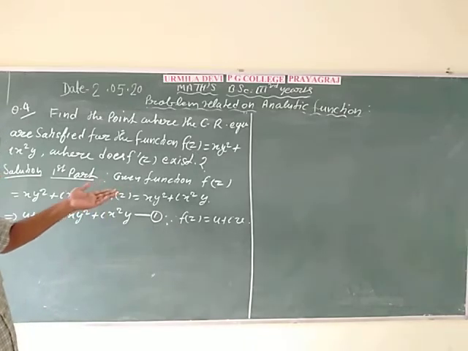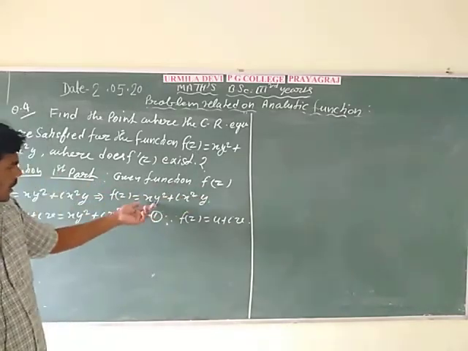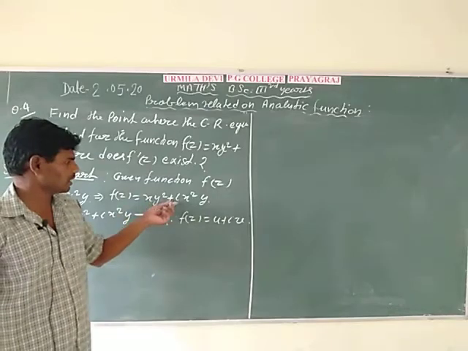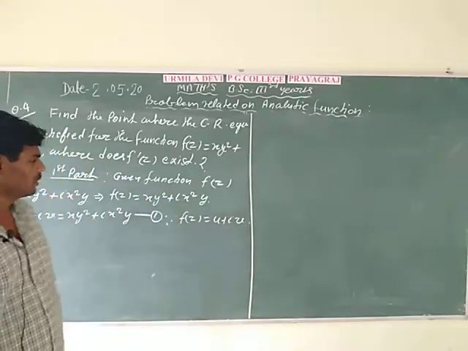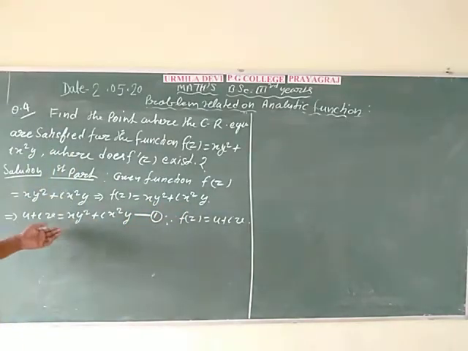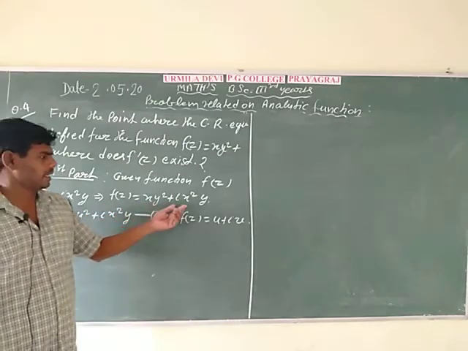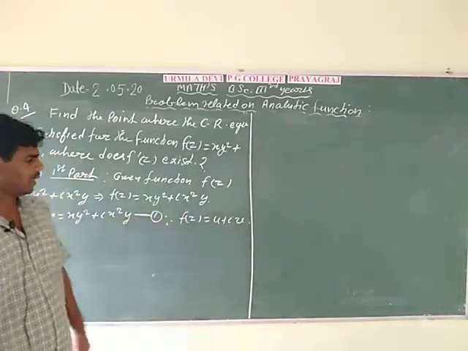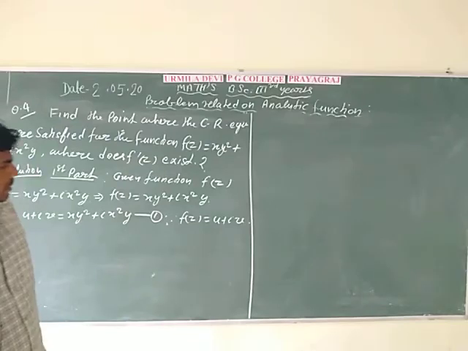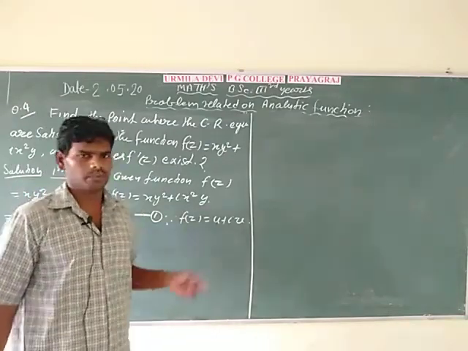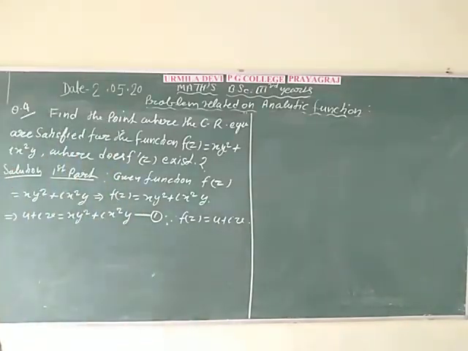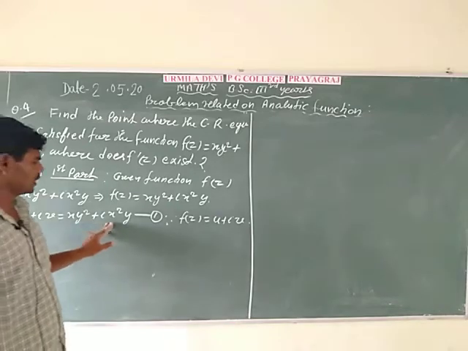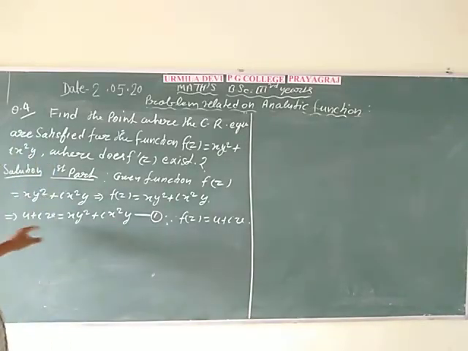Here the given function is f(z) = xy² + i x²y, but in the Argand plane, f(z) is represented by u + iv. Therefore u + iv = xy² + i x²y is equation 1.